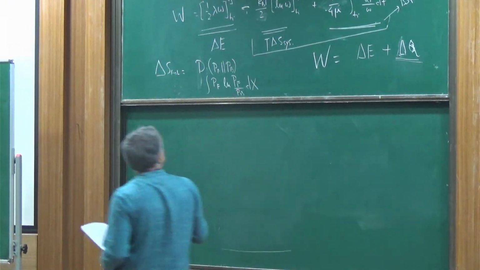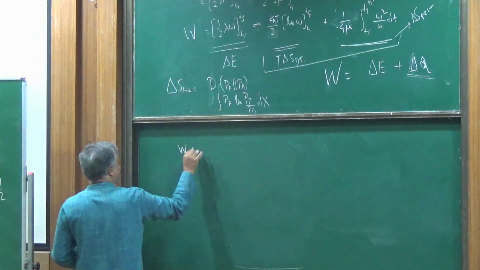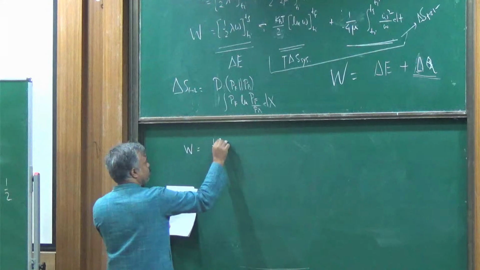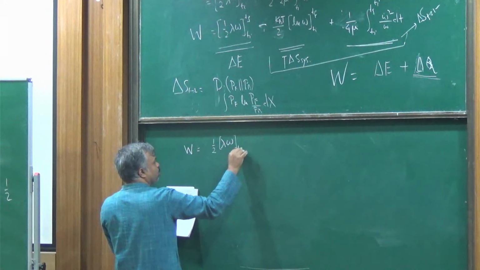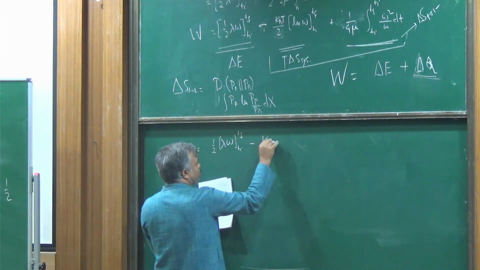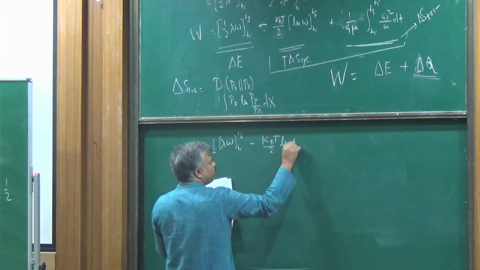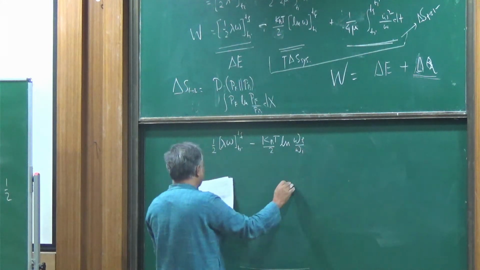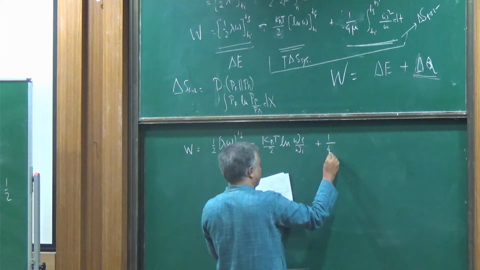So this is just to rewrite the function. W is half, final.